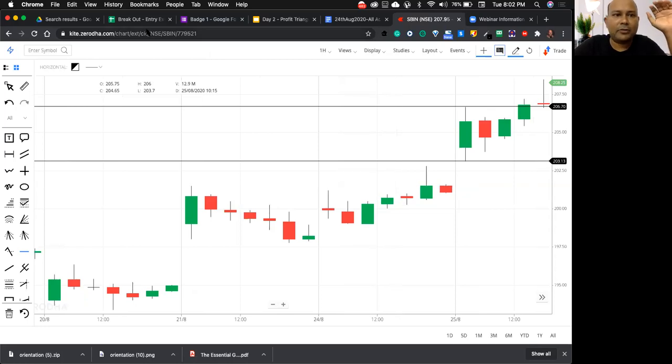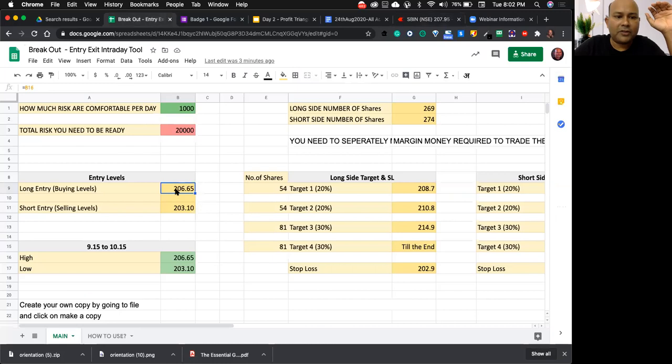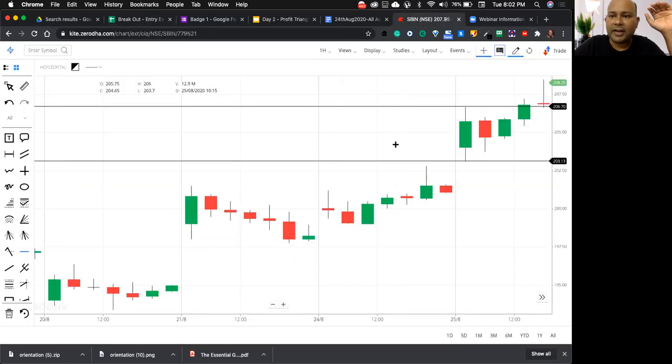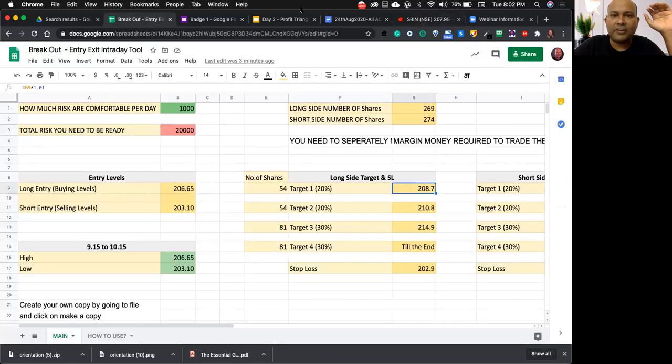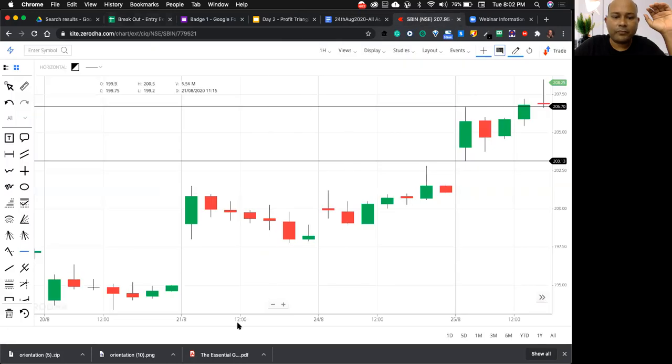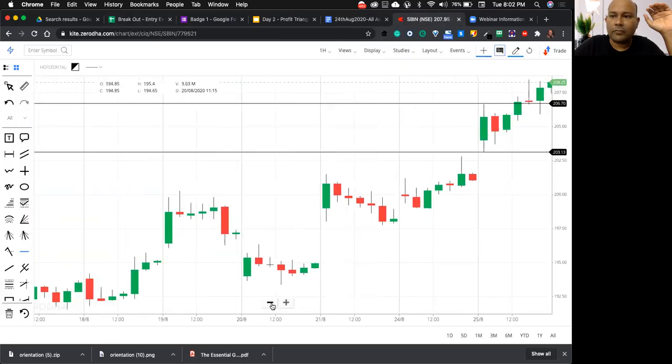Now let's come back to the tool. You bought at 206. What is your target one? 208.7. Did we get target one today? Let's check. 208.7.